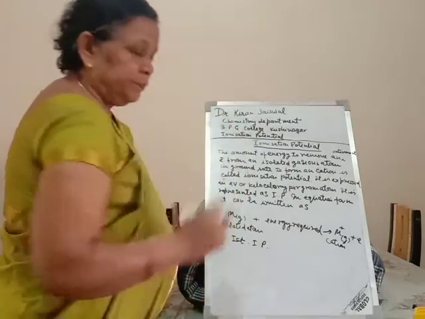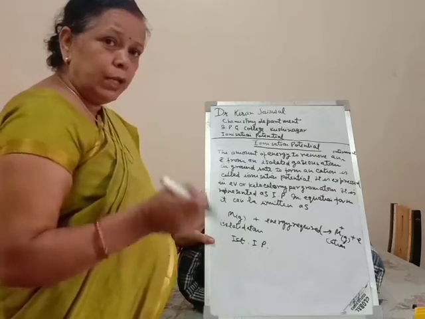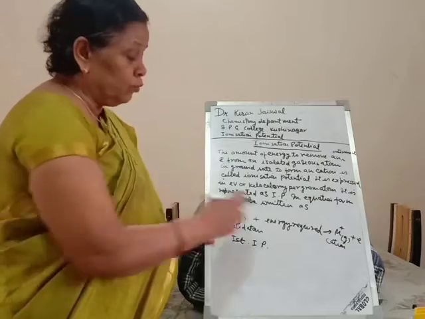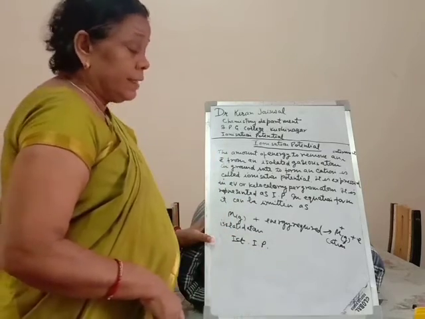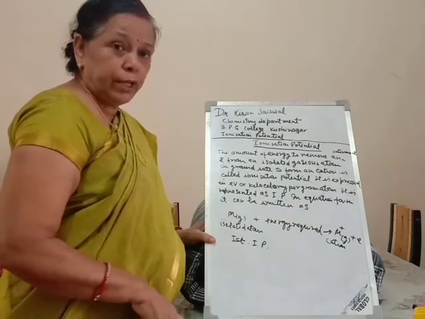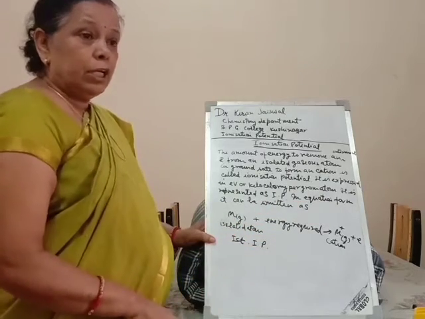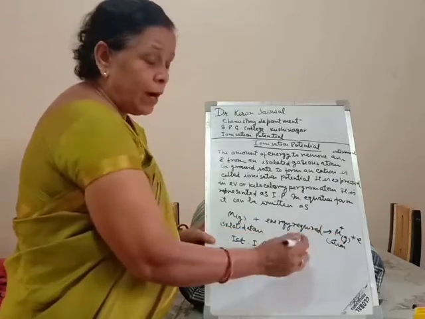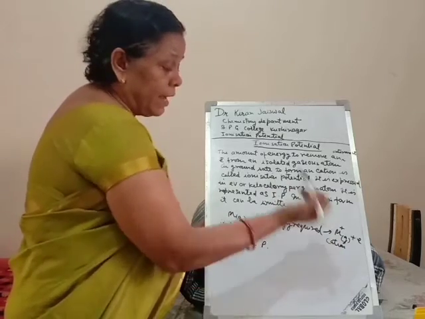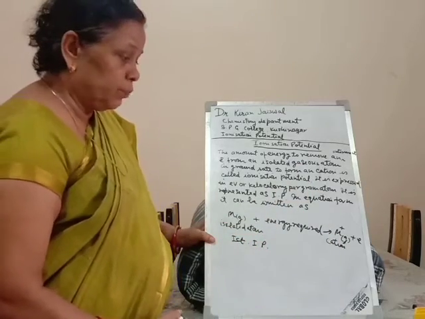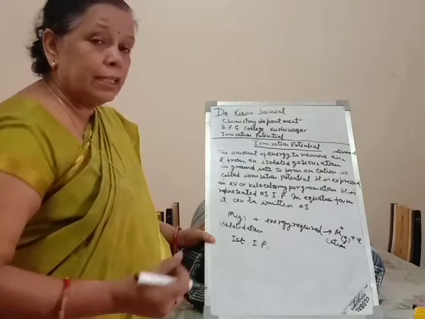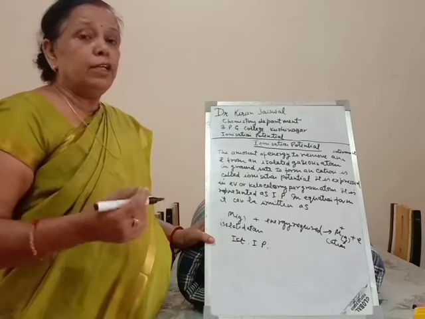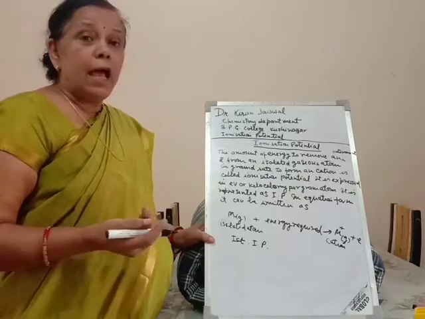The energy required to remove an electron from a cation is known as the second ionization potential, and the energy required to remove an electron from the second cation is known as the third ionization potential, and so on.